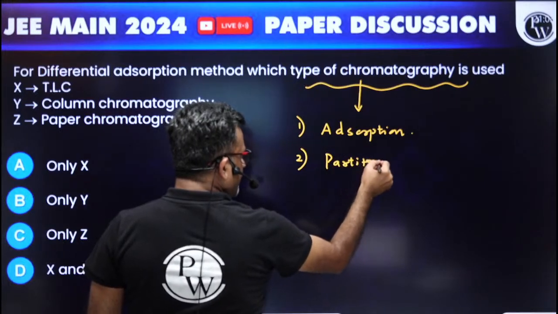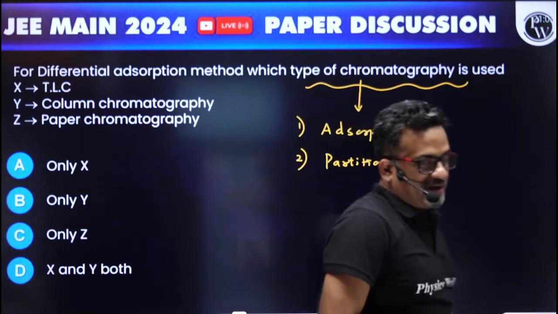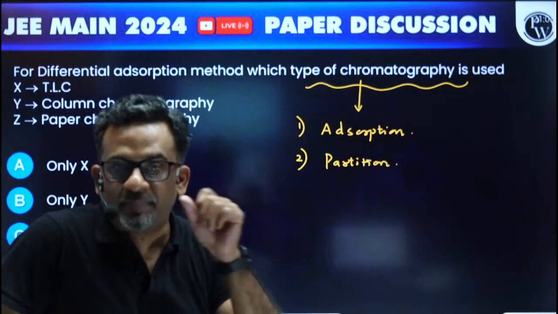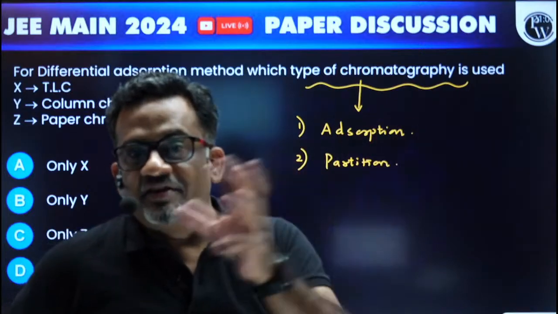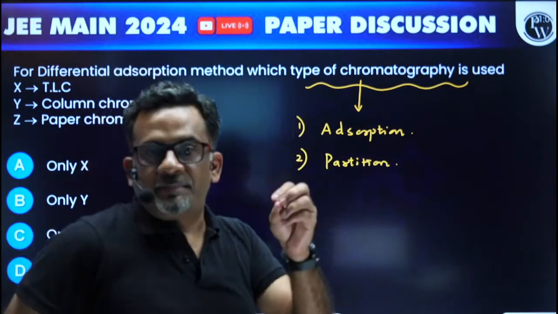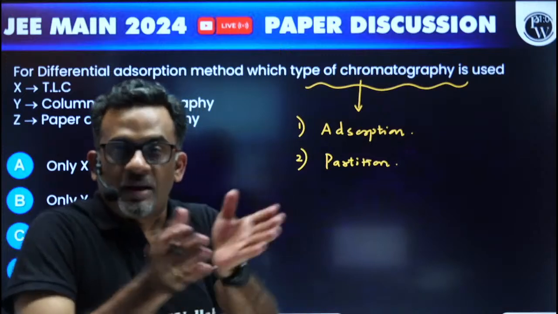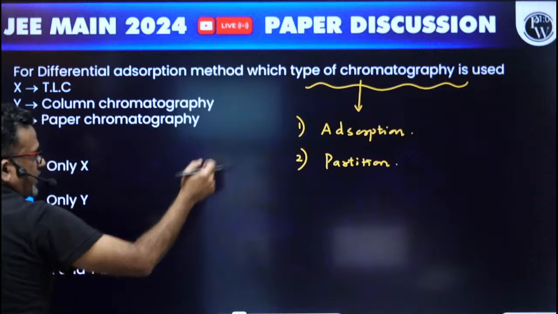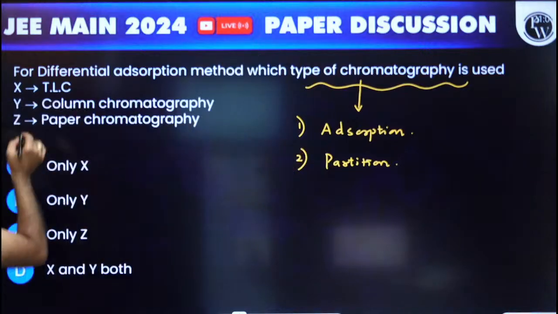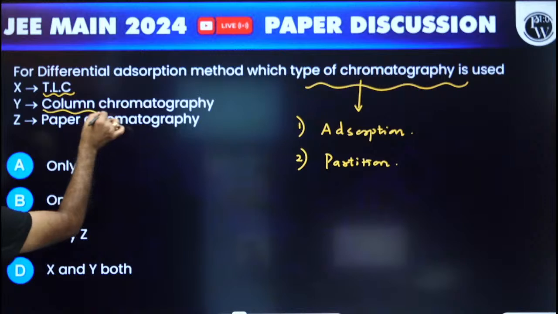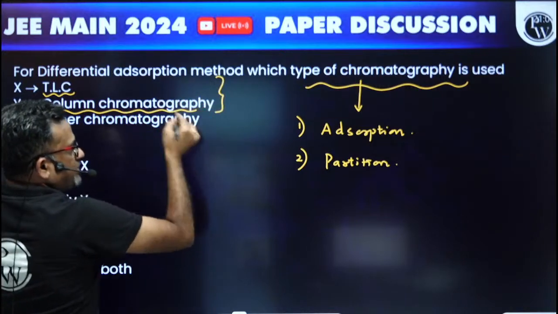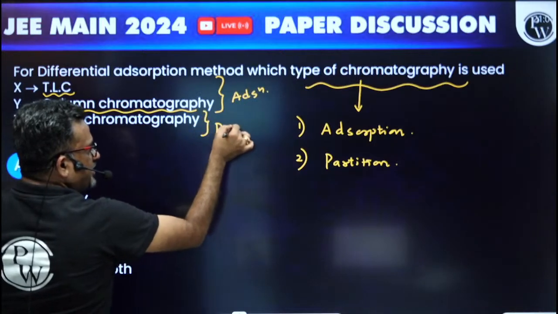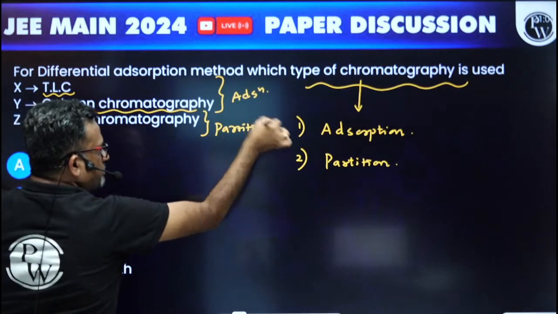When you have to purify the sample, depending on the extent to which the different components are adsorbed or separated, based on that technique we separate them in chromatography. So thin layer chromatography and column chromatography are the two based on adsorption, and this is based on partition.